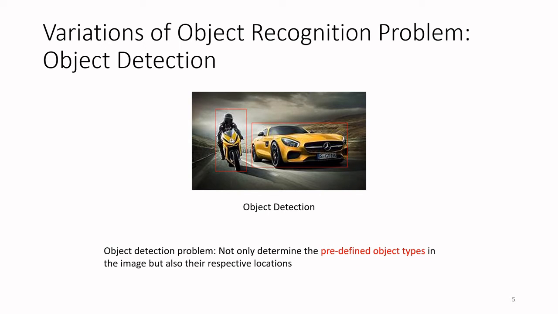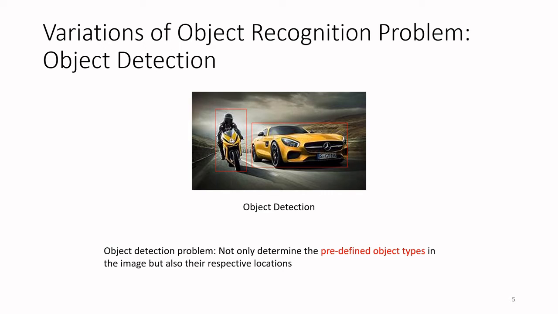Another variation of the object recognition problem is what we call the object detection problem. In this problem, we not only determine whether a predefined object is present in an image or not, but we also locate the presence of that object in the image by drawing bounding boxes around the objects. As this picture shows, suppose our system has detected two objects: one is a car, another is a motorcycle.